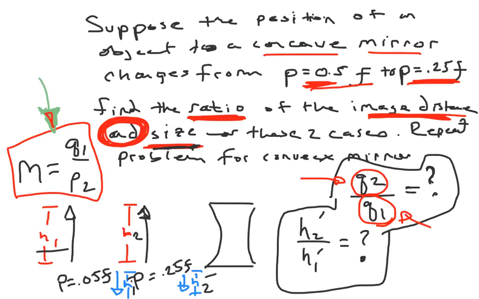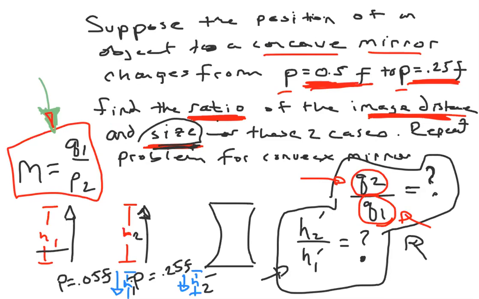And then the question is, these are both object distances though, right? Because that's P. So find the ratio of the image distance and size, right? So he wants the ratio of the image distance and the ratio of the size, which is Q2 over Q1.